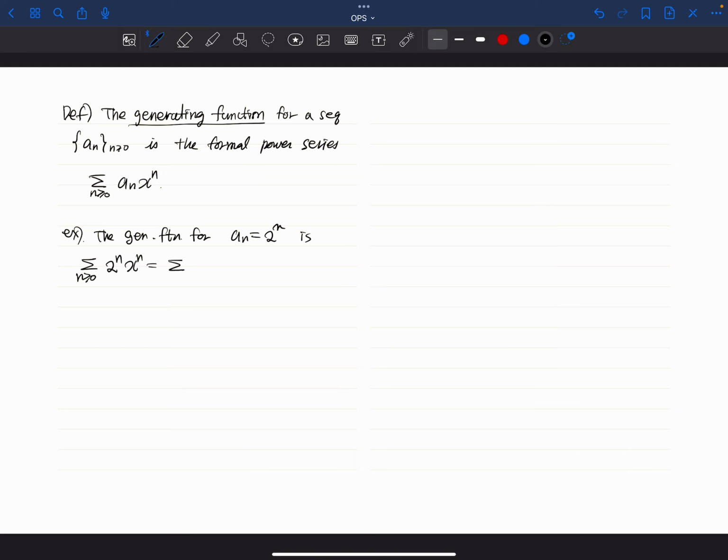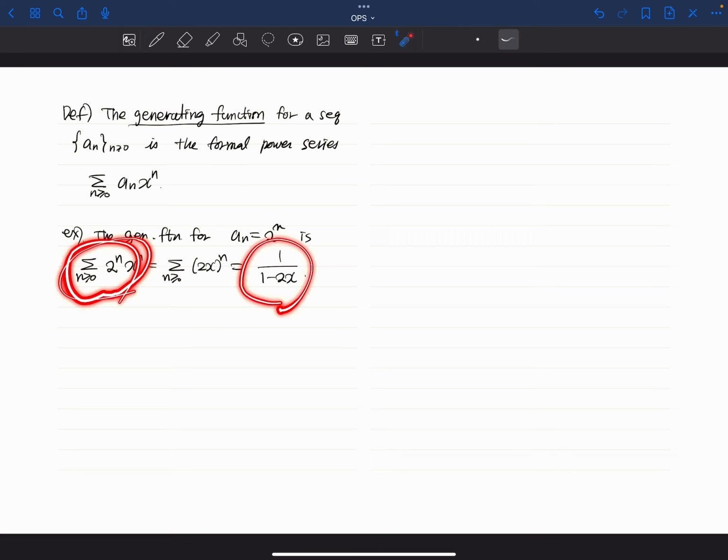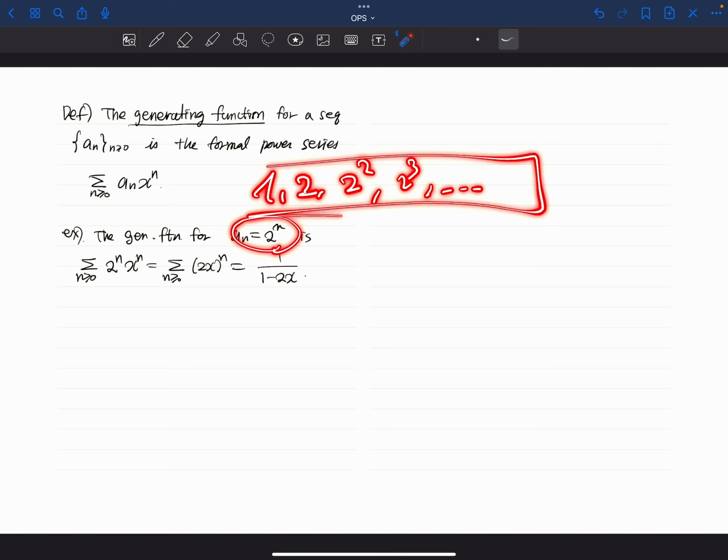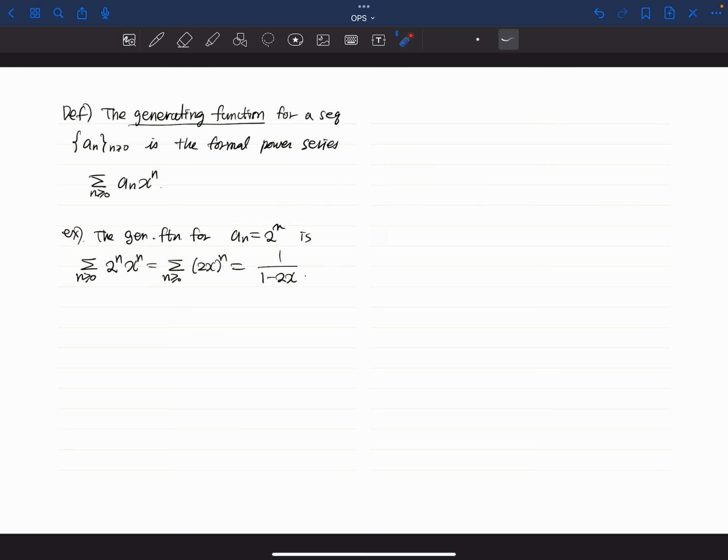We can rewrite this as (2x) to the n, but this is the geometric series, so we can write it this way. So this generating function has a compact form like this. Instead of remembering all of 1, 2, 2 squared, 2 cubed, etc., you can just compactly encode this as a generating function like this.